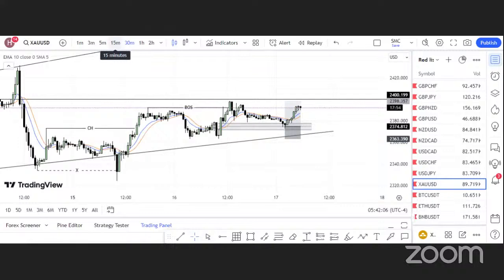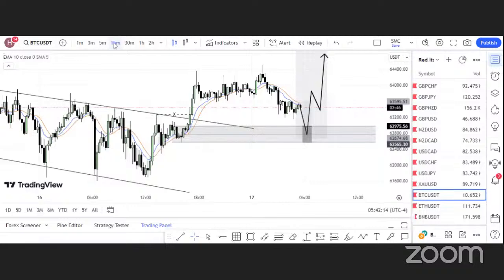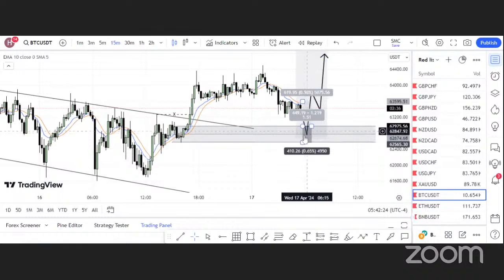Okay, we don't have any on XAUUSD. I think it was BTC. Yes, so we have on BTC USDT, but the market is still around the zone, and we want the market to come down to this level. This is where we want to take our trade from.